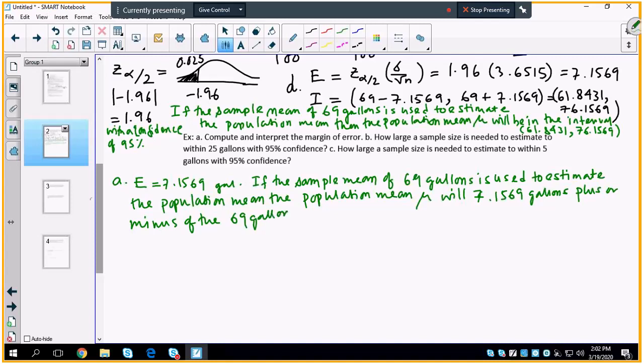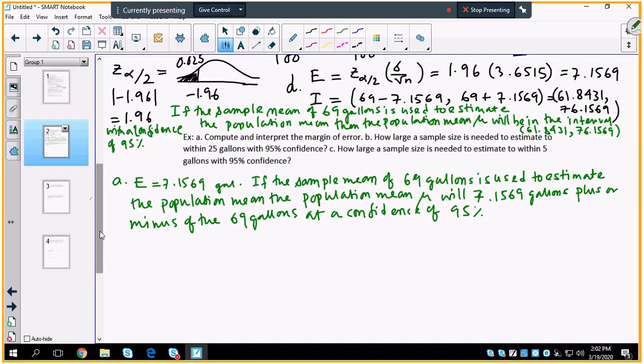So it will be around 69 gallons, and it cannot exceed the margin 7.1569 gallons at a confidence of 95%. And that answers your question.